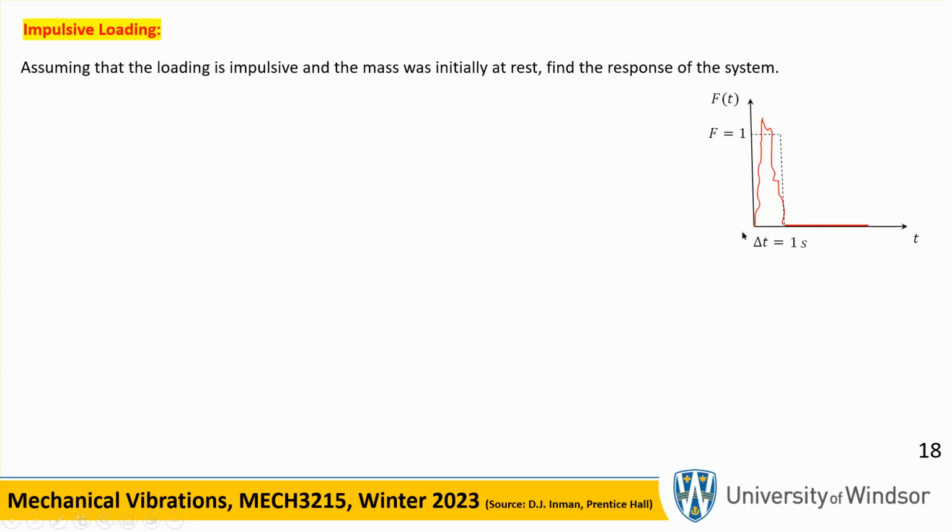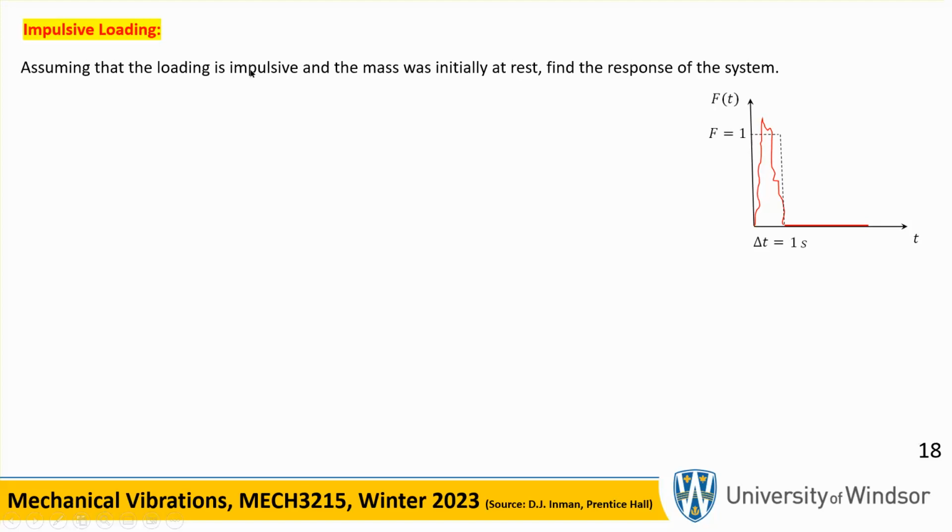Hopefully 1 second is small compared to the natural frequency, etc. These are all just dummy numbers. You have to be very careful. I'm just putting these numbers here for convenience because they're easy to work with. Just be careful.